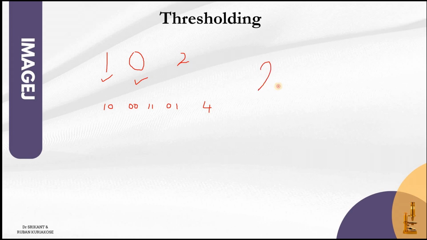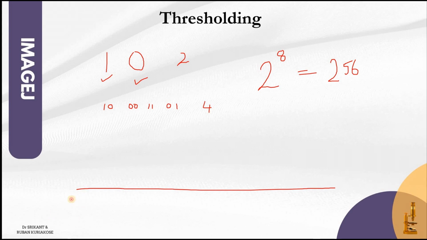So when you have 2 raised to 8, that is an 8-bit image, how many possibilities can you have? 256 possibilities. The possibilities are represented on an x-axis, which ranges from 0 to 255. The 255 represents the 8-bit that you see.